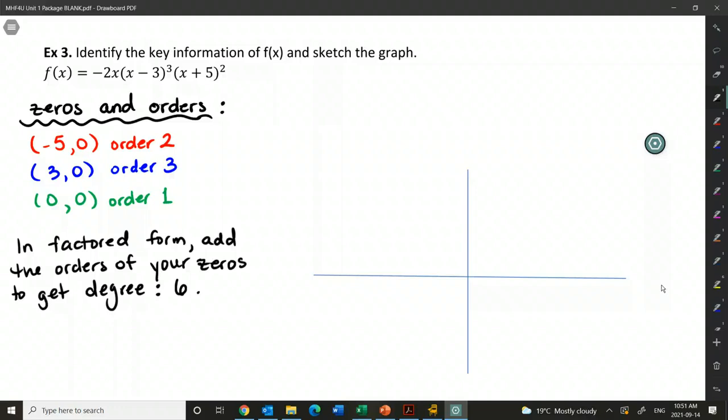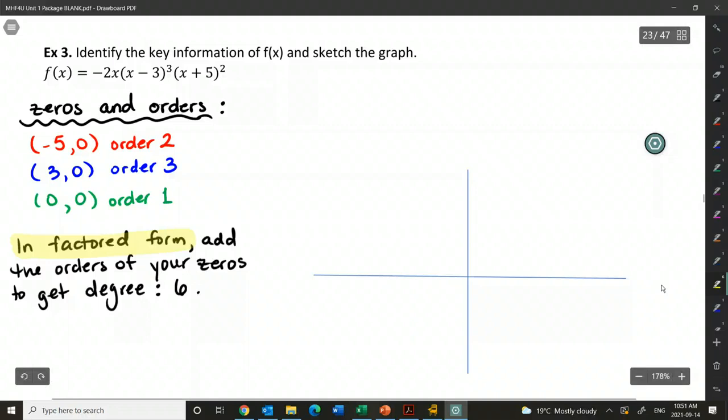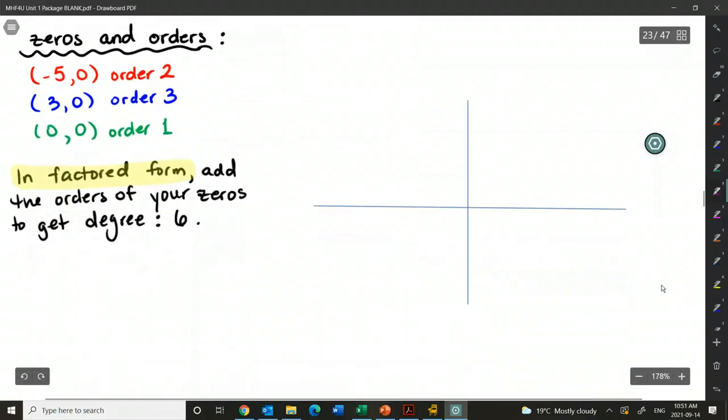Okay, also in factored form. I'm saying this because I would not need to do this in standard form. In standard form, I just look at the equation and I can decide for leading coefficient. So again, also in factored form, maybe I should just add that so we're aware.